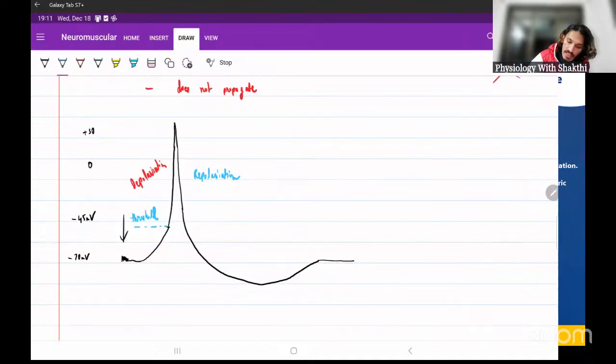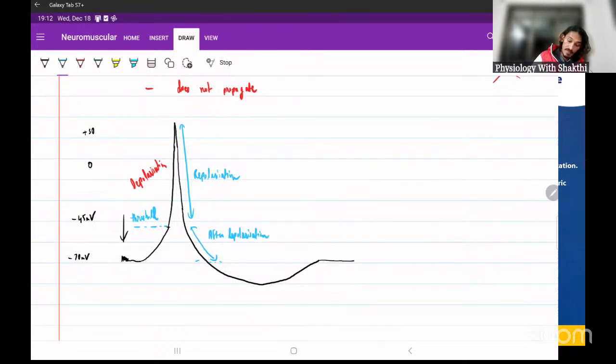Now, in repolarization, this area from here till it reaches its RMP is called after depolarization.